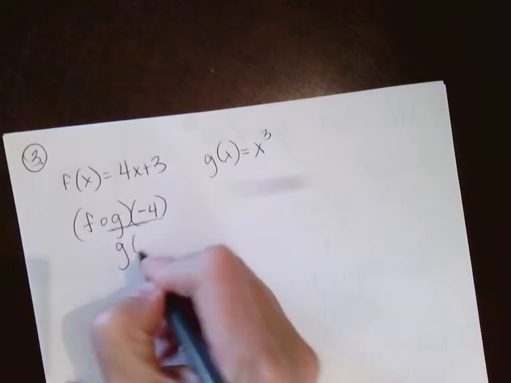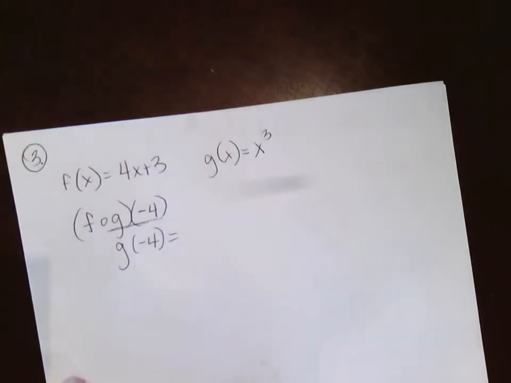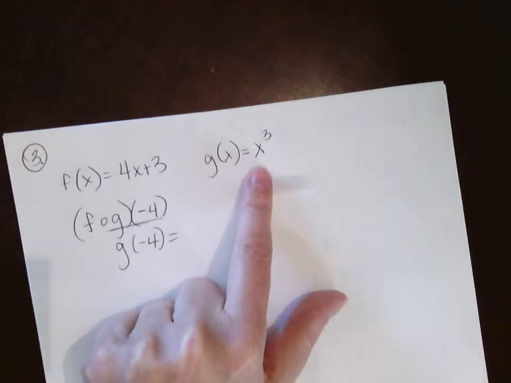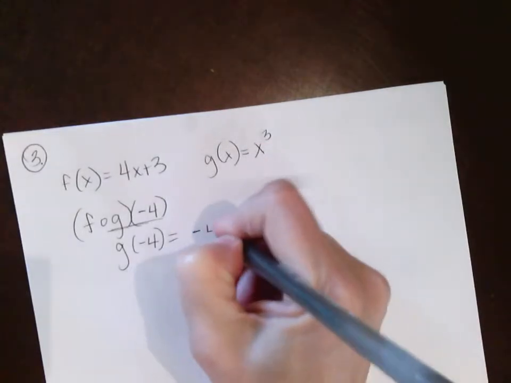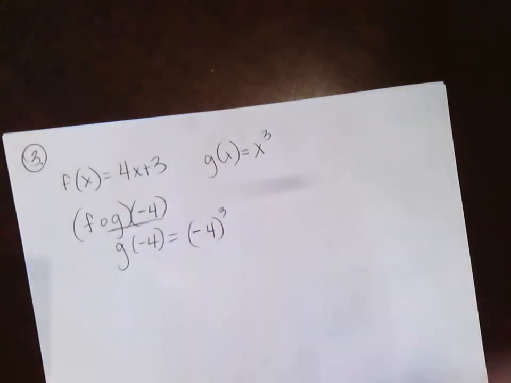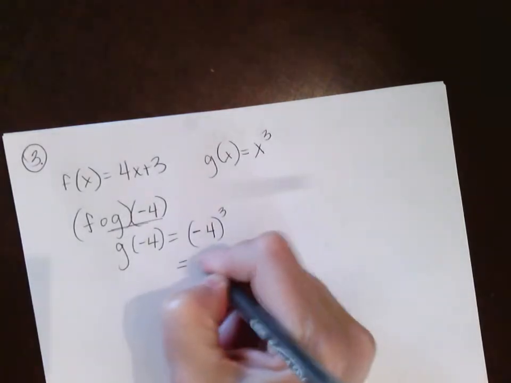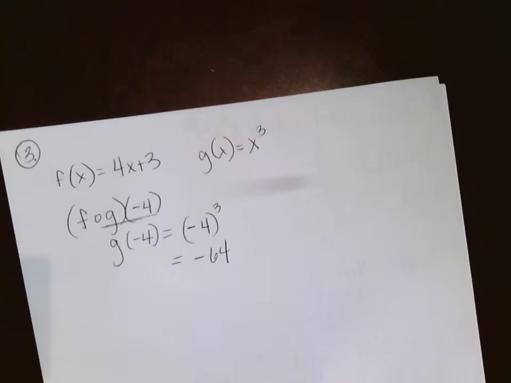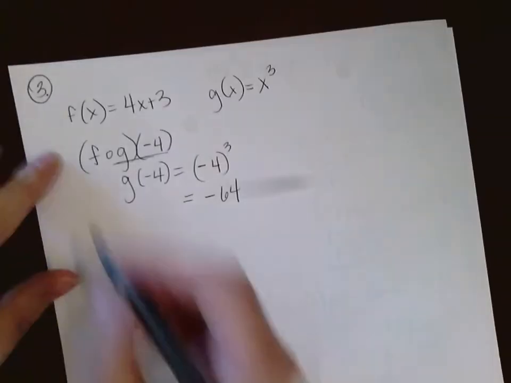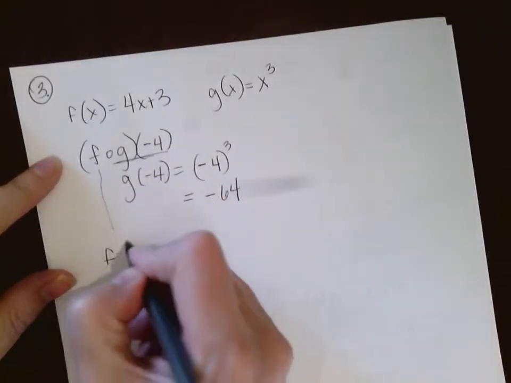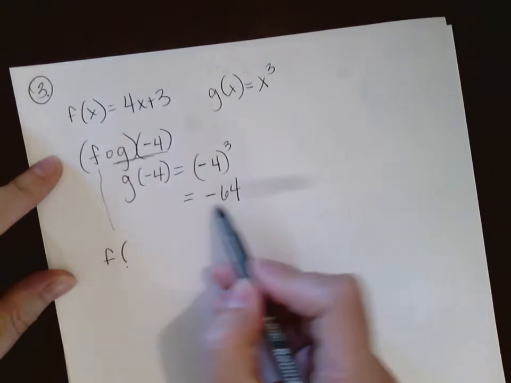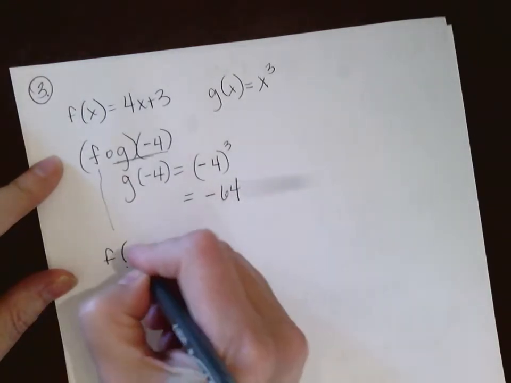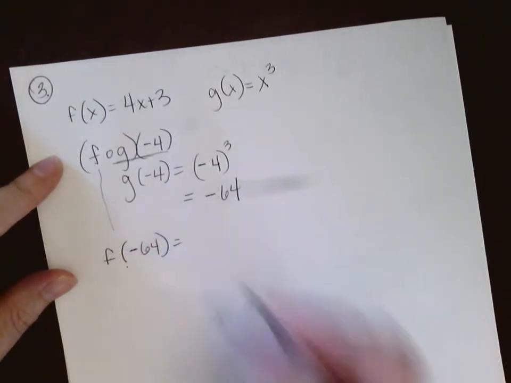So I'm finding g of negative 4, which means go to my g function and replace this x with negative 4. So I have negative 4 cubed, which gives me negative 64. So now I bring down this f, and I find f of whatever this answer was, which is negative 64.